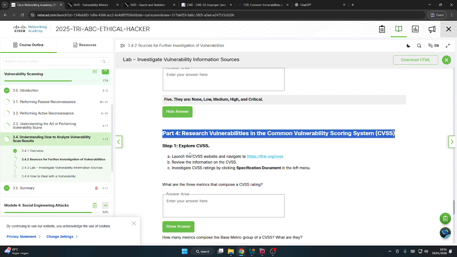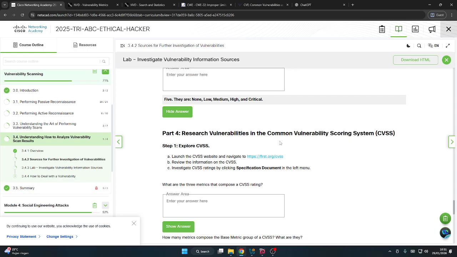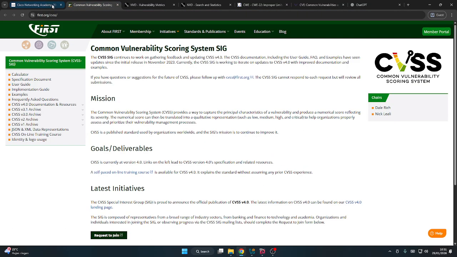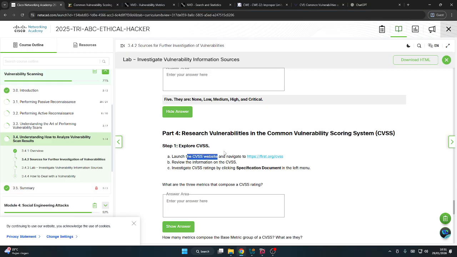So Part 4 is research vulnerabilities in the Common Vulnerability Scoring System. First, review the information about the CVSS.